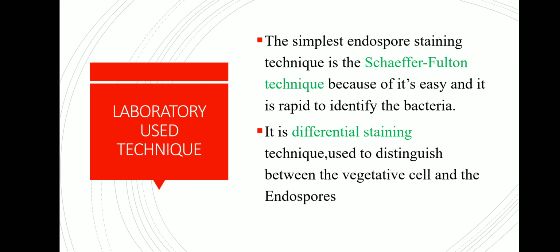The simplest endospore staining technique is the Schaeffer-Fulton technique because it is easy and rapid for identifying bacteria. It is a differential staining technique used to distinguish between the vegetative cell and the endospores.